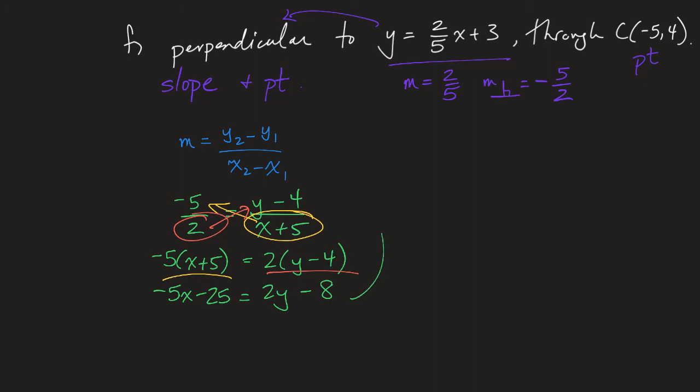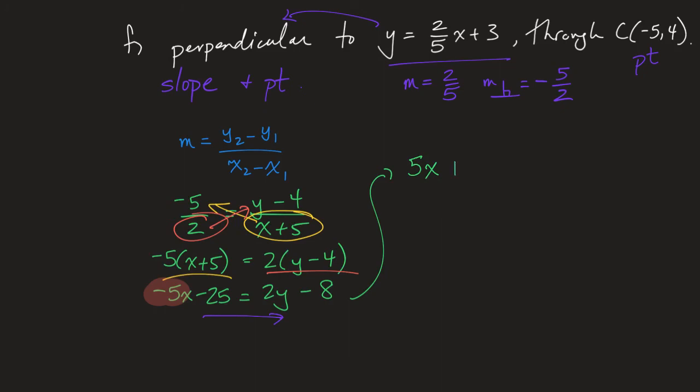Okay, now that we have that, I can put that in standard form really, really fast. My x value needs to have a positive coefficient. Right now, it's got a negative coefficient, so I need to picture everything going to that side. So, on the right side, I'm going to have a positive 5x.